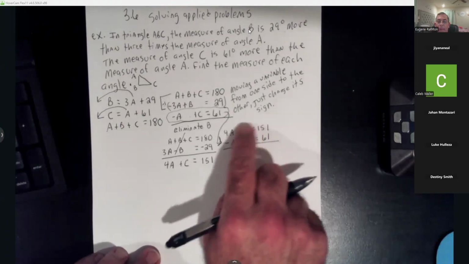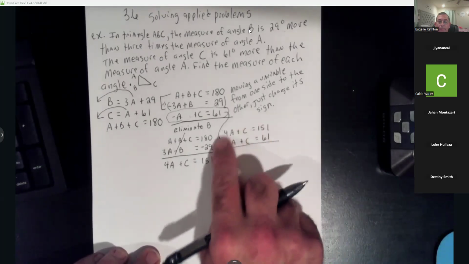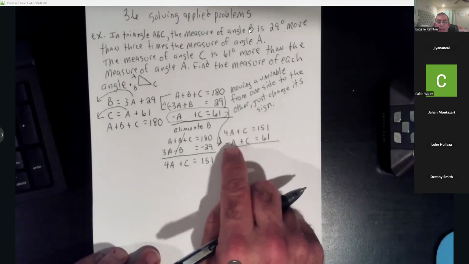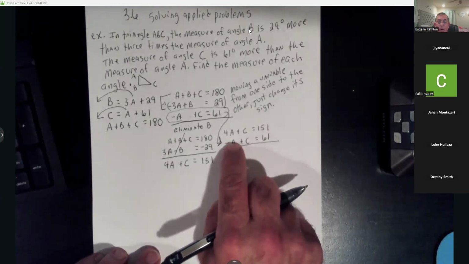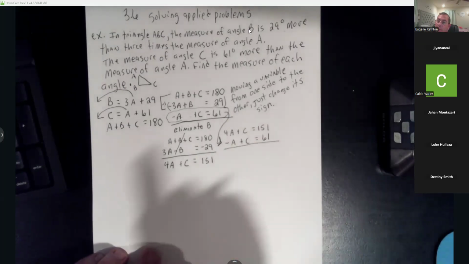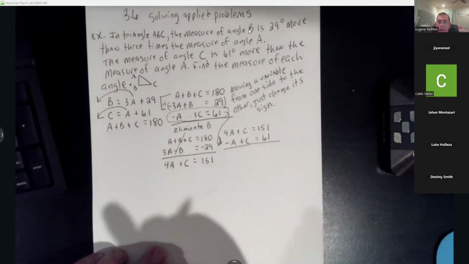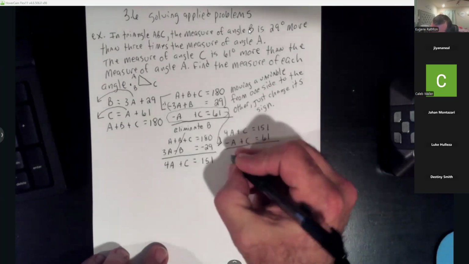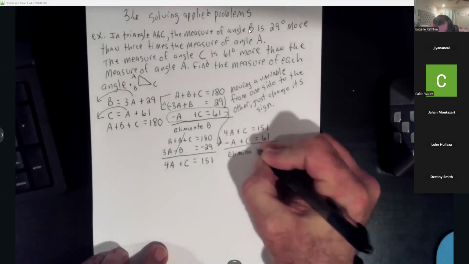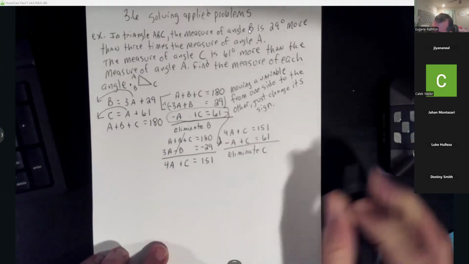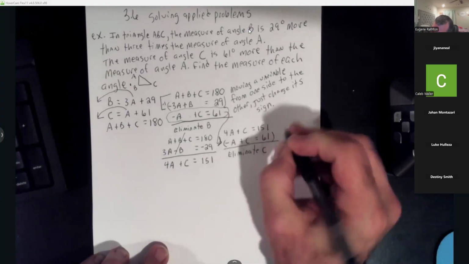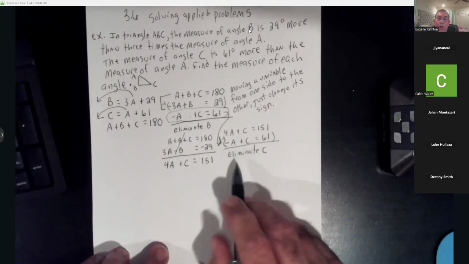All right, now on this one, you can either eliminate the a by multiplying the second equation by 4, or you can eliminate the c by multiplying one of those by negative 1. So, y'all, I think I'm going to eliminate the c this time. So I'm going to multiply the second equation here by negative 1.